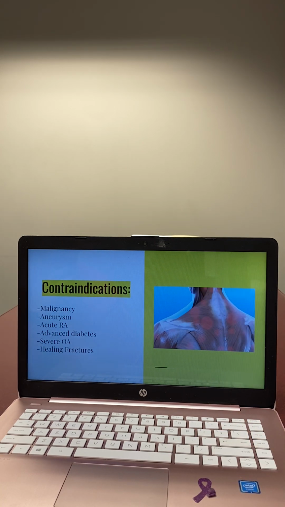Some of the contraindications are malignancy, aneurysm, acute RA, advanced diabetes, severe OA, and healing fractures. One of the ones I definitely wanted to point out, because in the next slide we're going to talk about fractures again, is healing fractures.